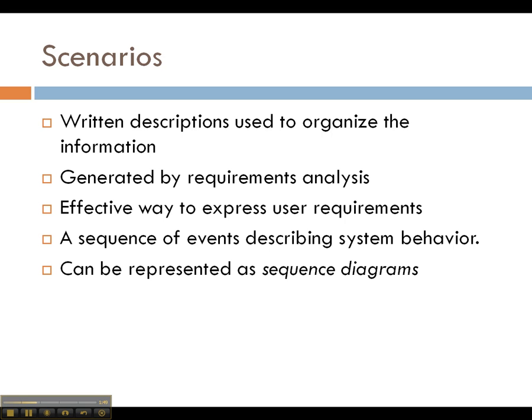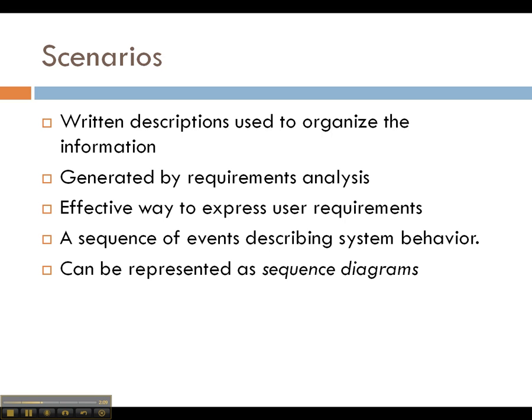Another way to express the requirements is using scenarios. A scenario is a written description used to organize the information and is usually generated by the requirement analysis. It is an effective way to express user requirements.